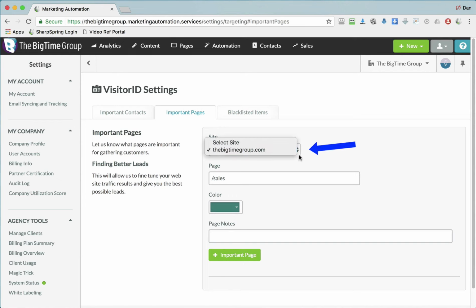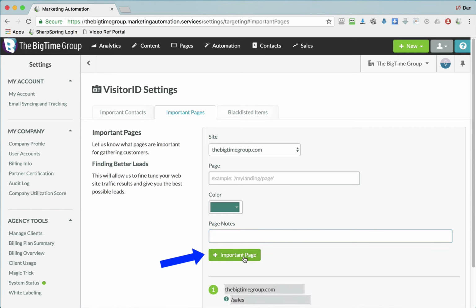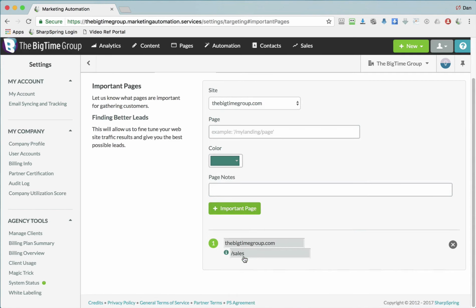If I have more than one site set up on SharpSpring, I can select each site and just make any notes here. And when I click this, it just logged in that page, as you can see right there. So I can put in as many pages as I like and assign each of them a different color. If I run out of colors here, I can just go in here and manually put in a web color.